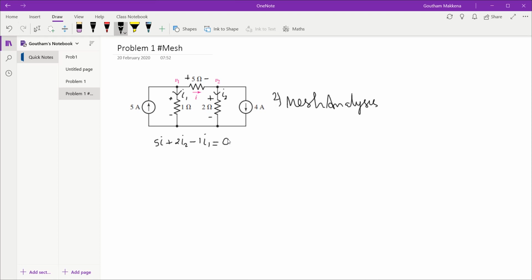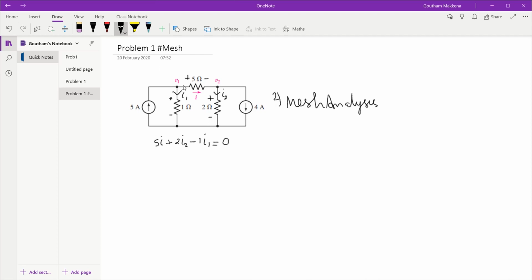When you are trying to use KVL, that is you are trying to solve for currents, and there are current sources in the problem, like this one, an independent current source, in such cases we would also look at the nodes and write KCL and get current equations.